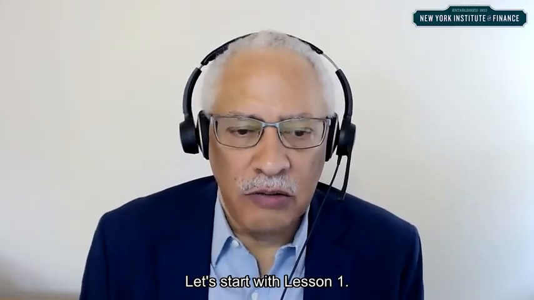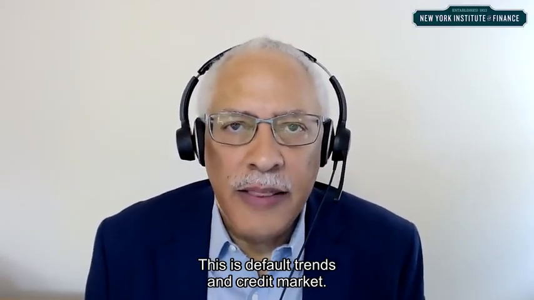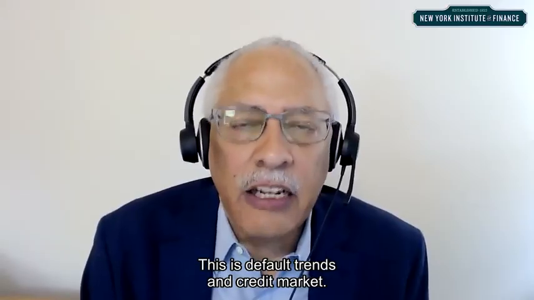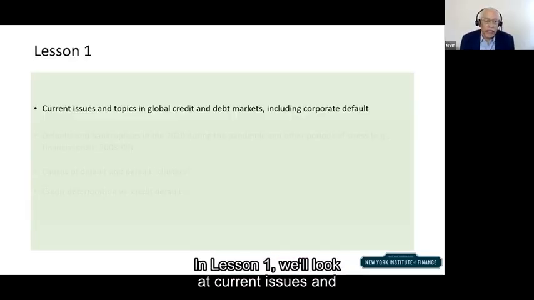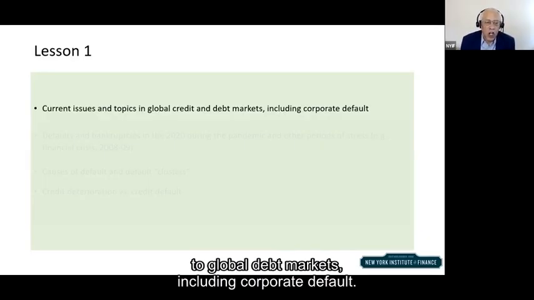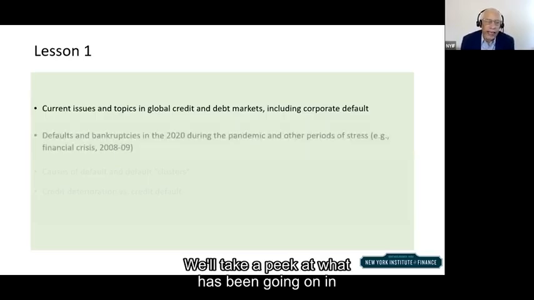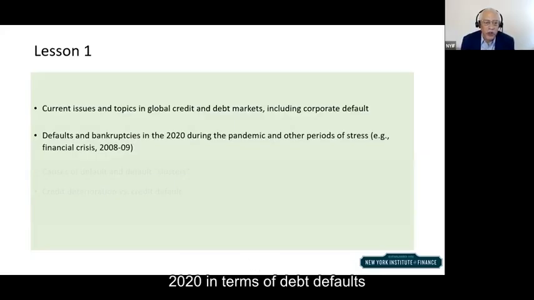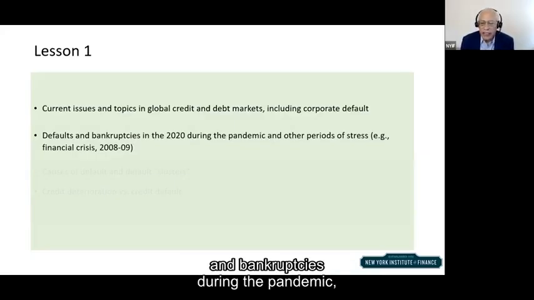Let's start with lesson 1. This is default trends and credit markets. So in lesson 1, we'll look at current issues and topics as they relate to global debt markets, including corporate default. We'll take a peek at what has been going on in 2020 in terms of defaults and bankruptcies during the pandemic.